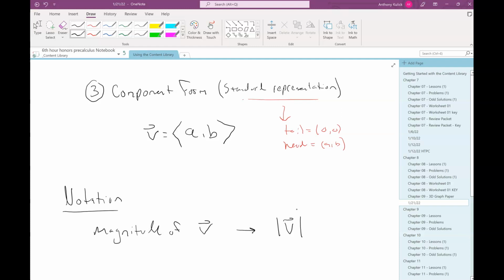If you went back to your Algebra 1 class, we used the vertical bars as an absolute value. In your Algebra 2 class, if you think real hard and pay good attention, you have noticed that we also use the vertical bars when dealing with matrices to describe a determinant. And now here we're also using these vertical bars to represent the magnitude of a vector.